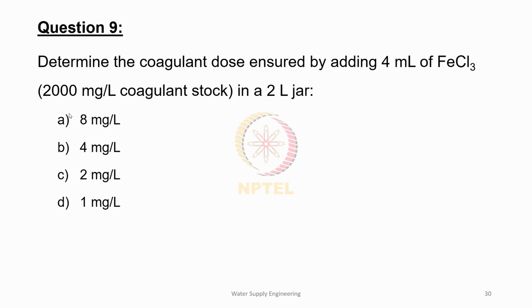Option B, 4 milligram per liter. Option C, 2 milligram per liter. Option D, 1 milligram per liter. So I'll give you 2 minutes to calculate. It's a simple problem, similar to a problem that is in the lecture videos.